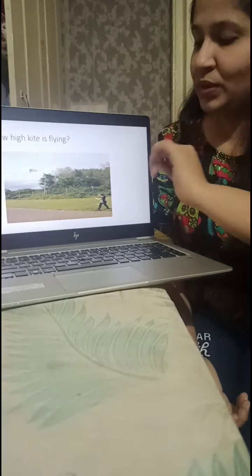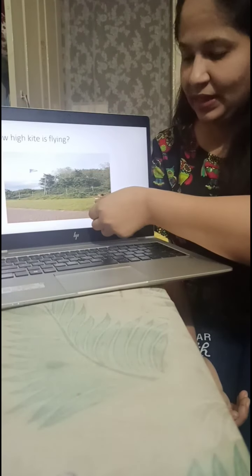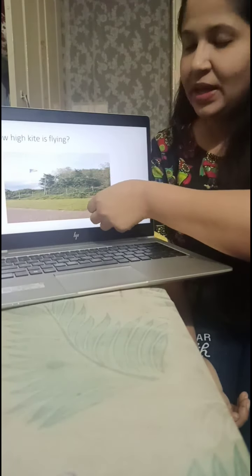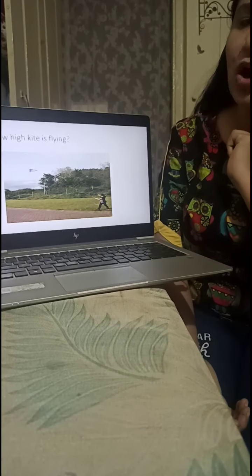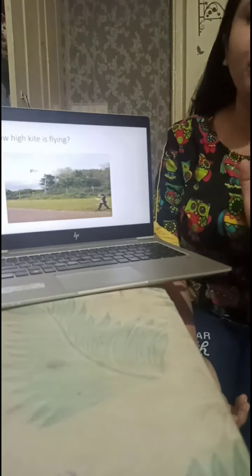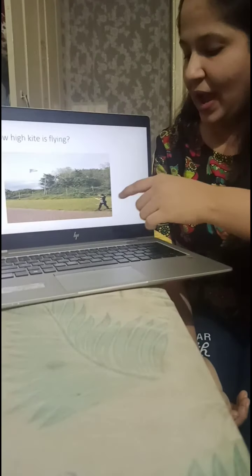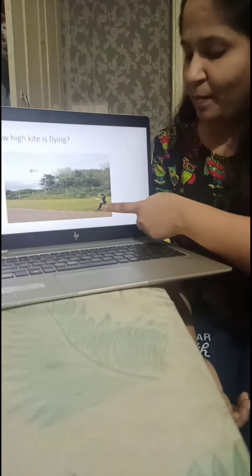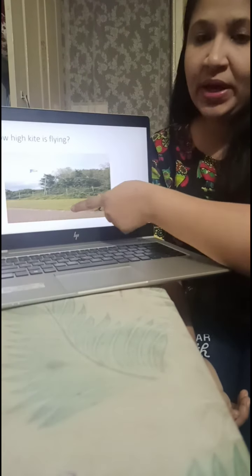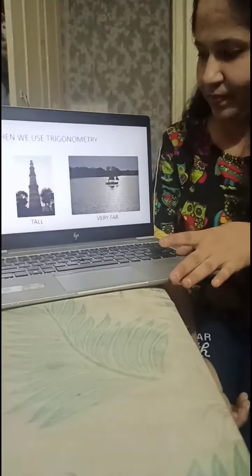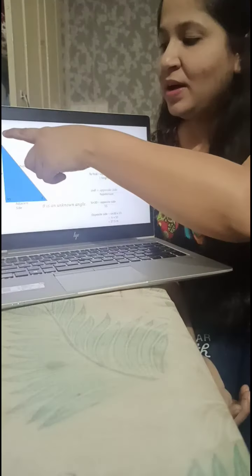Then suppose the string length is nothing but the hypotenuse of the triangle. So suppose the string length is 55 meters, and the angle made by this kite with the ground is 30 degree, and we have to find the length of the kite from the ground.